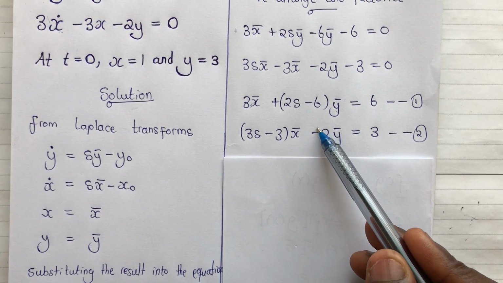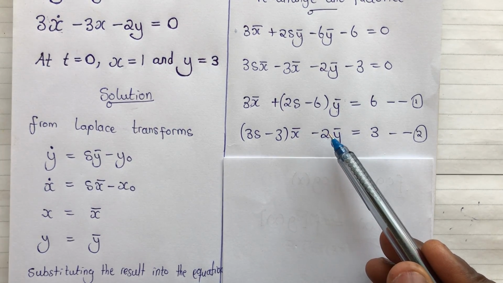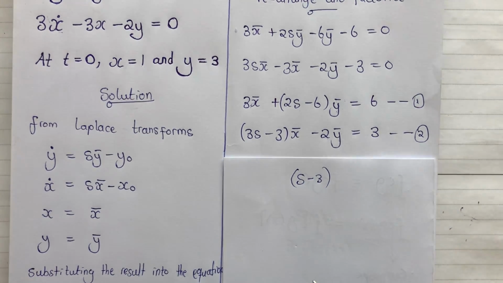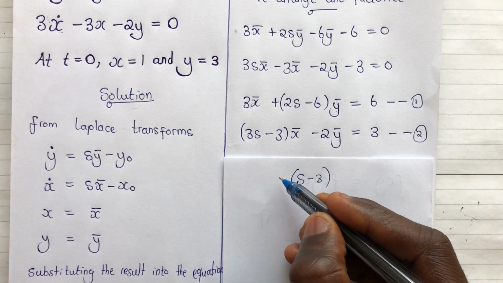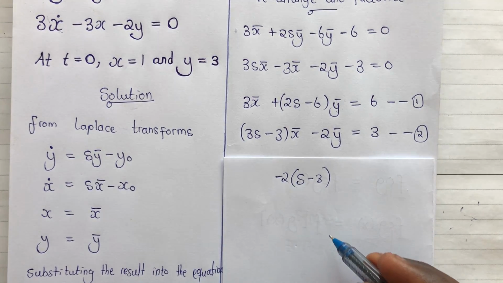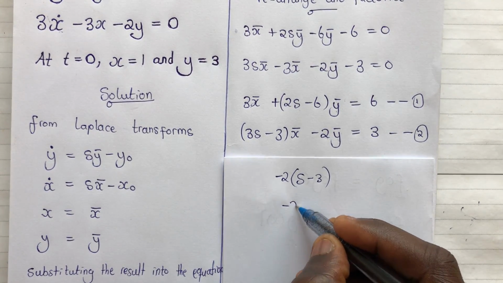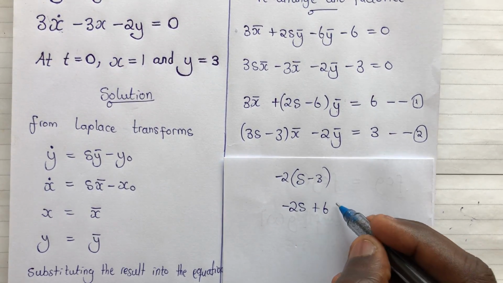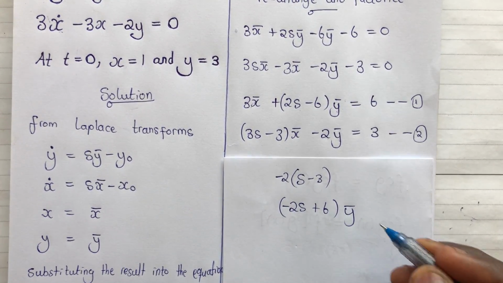Now, when we look at this very carefully, I can use s minus 3 to do this, so that if I multiply this by negative 2, which is here, this will give me what? Minus 2s. This will give me what? Plus 6. Okay? Then my y bar.